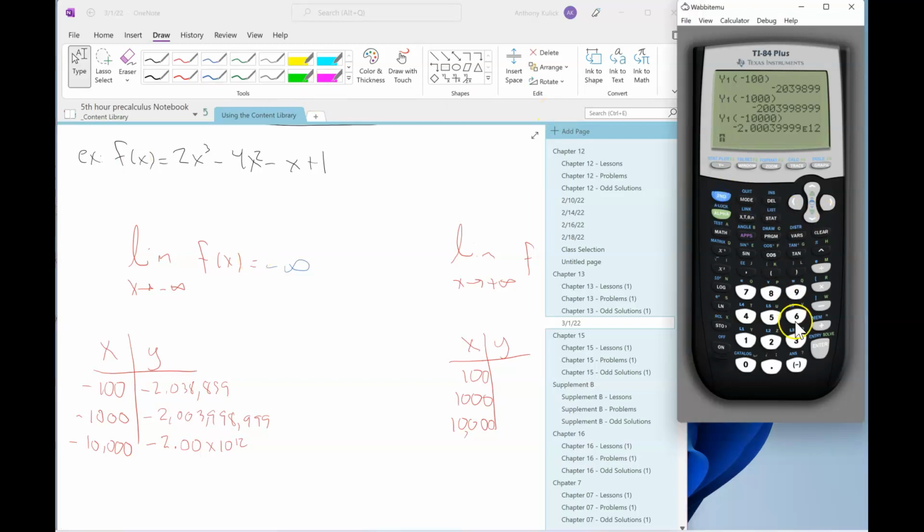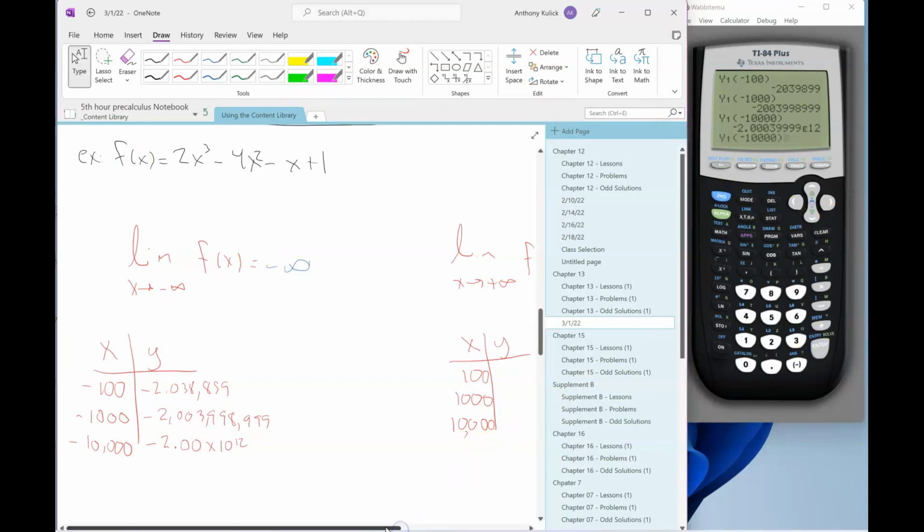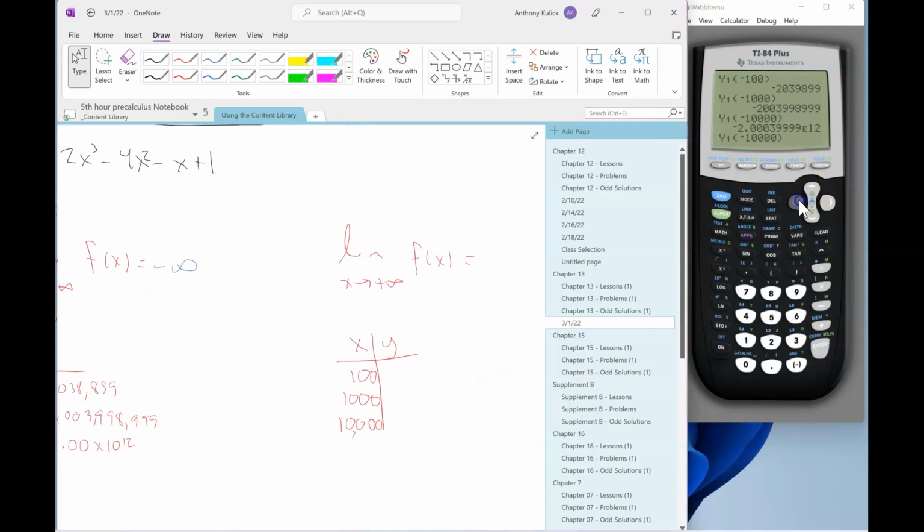And I'm just going to do the same thing with the positive values. Again, I'm going to press second and enter to pull the y1 back and delete out the negative and a couple of zeros. And I got just shy of 2 million, just shy of 2 billion, and then just shy of 2 trillion.